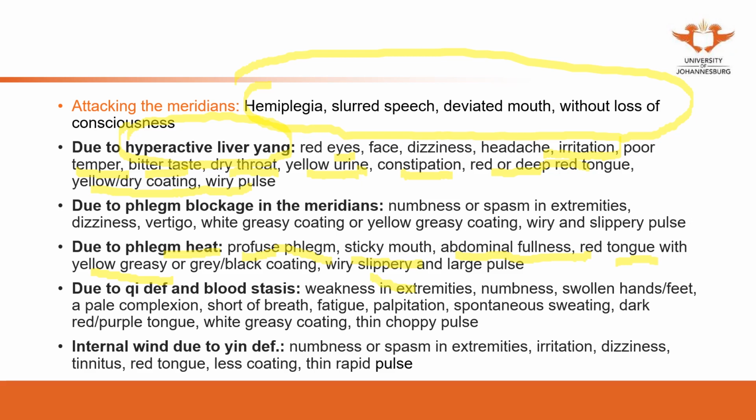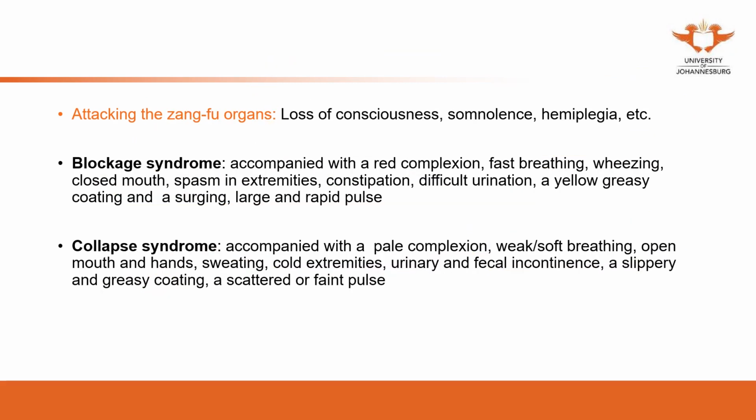So when we see a patient presenting with these manifestations, we work the other way: we see the symptoms first, and then conclude the syndrome. Affecting the zangfu organs, there is loss of consciousness.